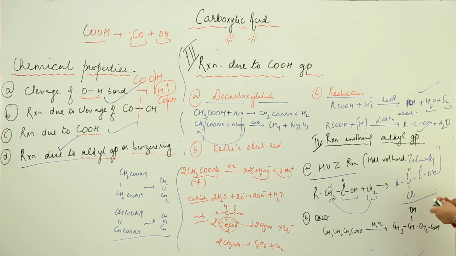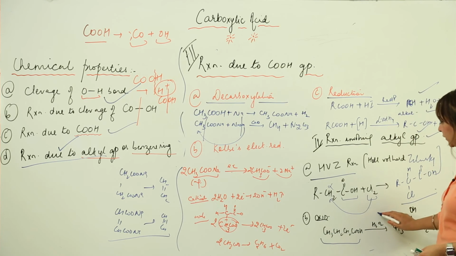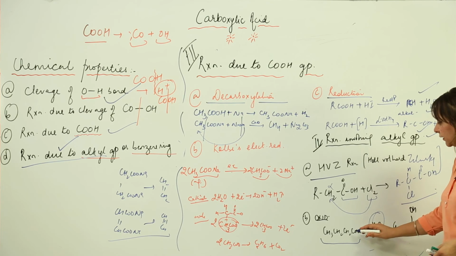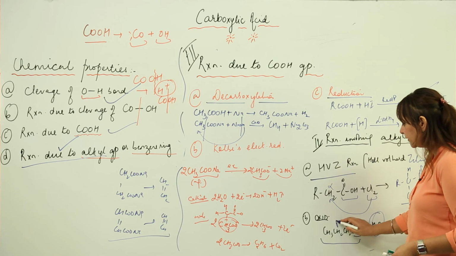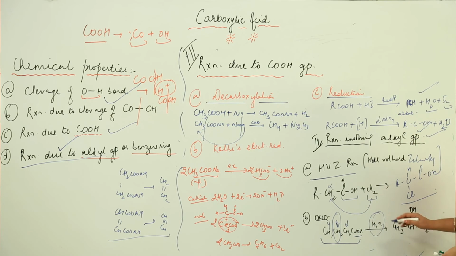Likewise, we can also carry out the oxidation, in which there is involvement of the alkyl group. We have this kind of carboxylic acid, and we do it in presence of hydrogen peroxide. In this case we know that this is alpha, this is beta and this is gamma. Particularly in this case the hydrogen on the beta carbon gets displaced with the hydroxide group.